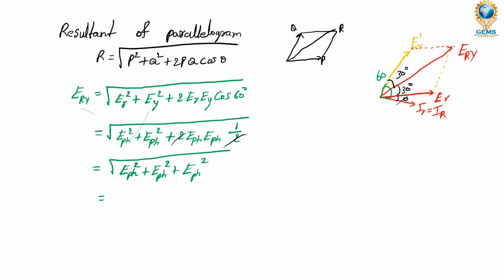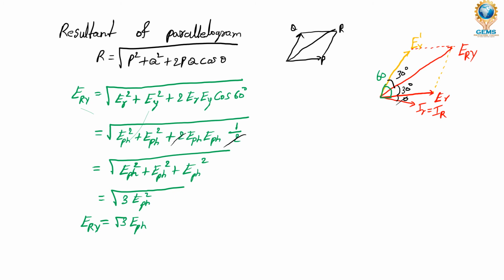Now we have square root of 3 E phase square. The square root will get cancelled. We will get root 3 into E phase. This is the relation for ERY.